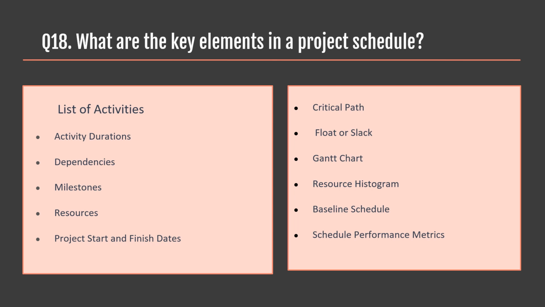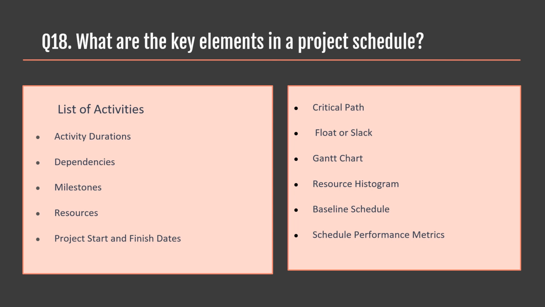The key elements of a project schedule are: list of activities. Mary prepared a comprehensive list of all the individual tasks or activities required to complete the project. Activity durations. She estimated the time required to complete each activity as they were crucial for planning and sequencing activities.